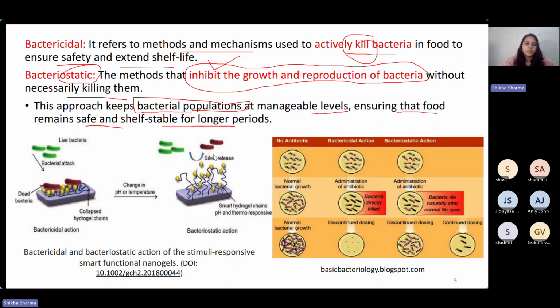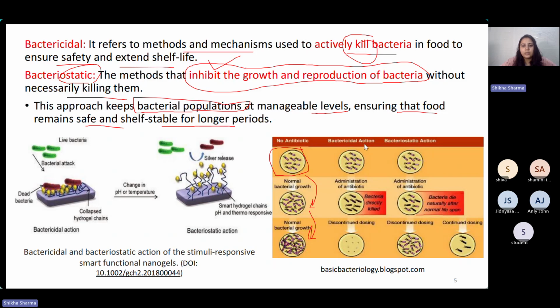If we discuss the normal growth of the bacteria, it will multiply after some time, and further it will multiply.